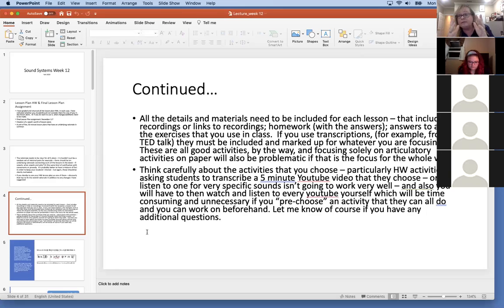Another thing you can do is have half the group do homework on one day and the other half of the group do homework on another day. If you have 25 students, you don't want to deal with 25 pieces of homework every day or every other day. So think about how you're going to choose activities, and the reality of what those activities are going to cost you in terms of student effort and your time.